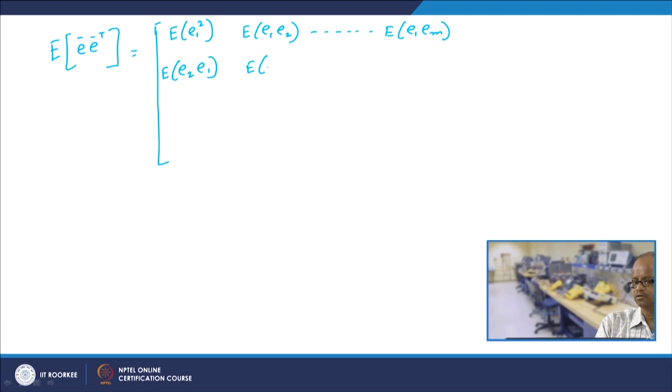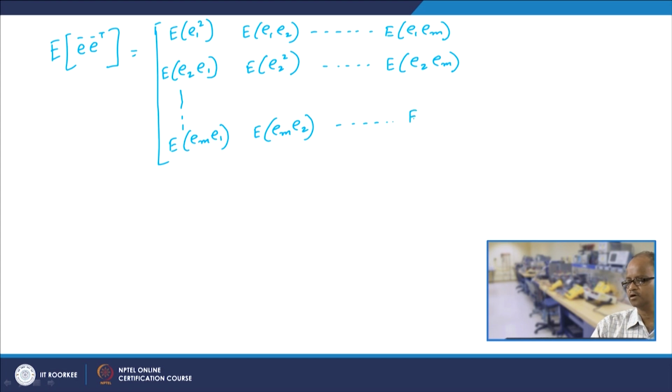The expected value of a matrix is nothing but the expected value of the individual elements. So, it would be the expected value of E1 square, the expected value of E1 E2, the expected value of E1 EM; similarly, the expected value of E2 E1, E2 square, E2 EM; then the expected value of EM E1, EM E2, and EM square.